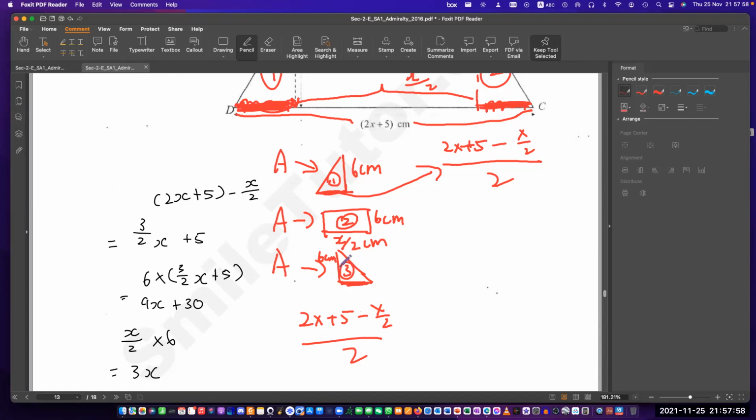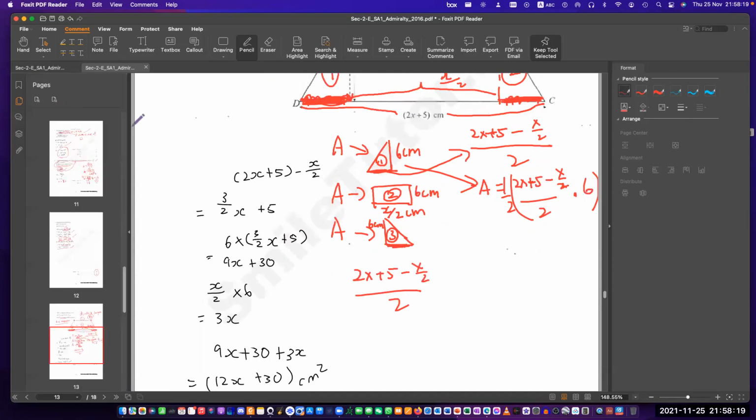Okay. So what is the formula for area of triangle? The area of base times height, right? Base times height, and then half it. Okay. Area of triangle. Sorry.